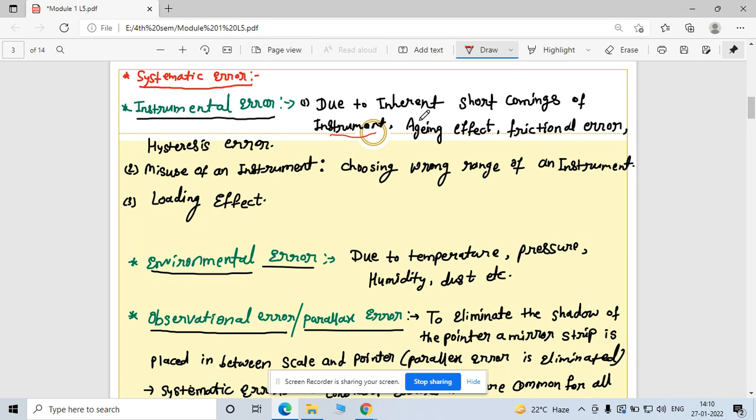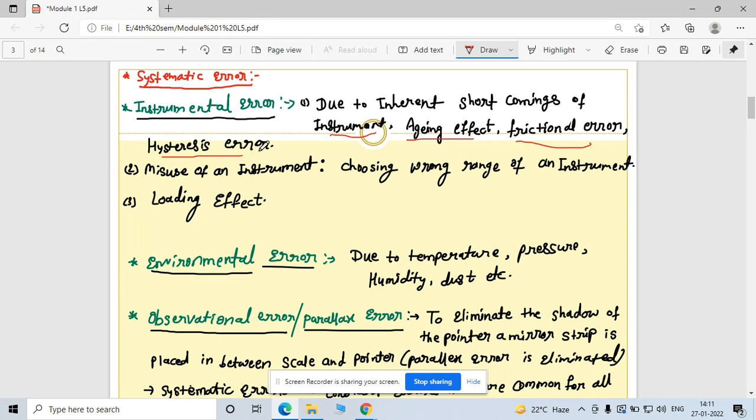After some time, due to this aging effect, the damping will become equal to the critical damping, so your accuracy is not lost. And frictional error and hysteresis error are also there.